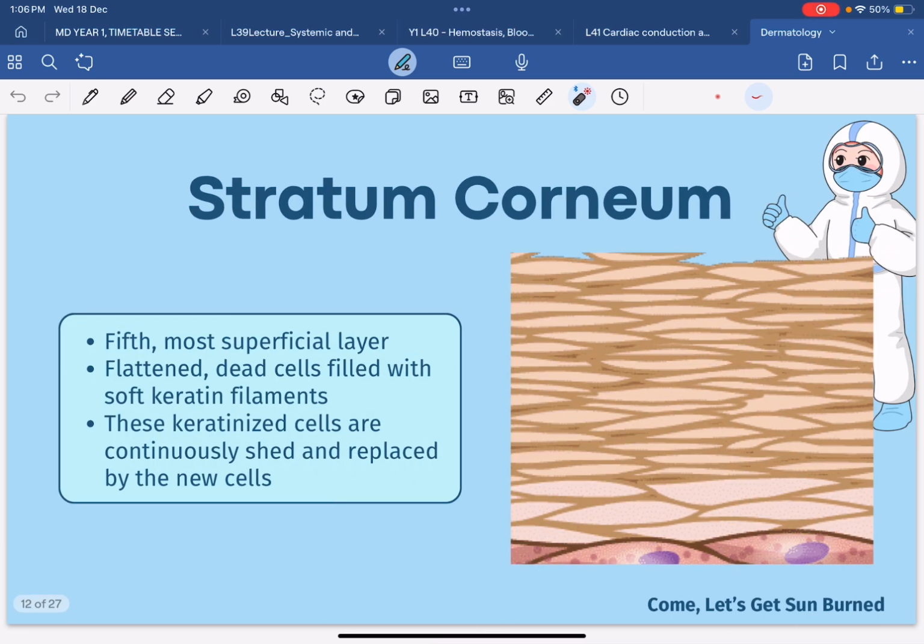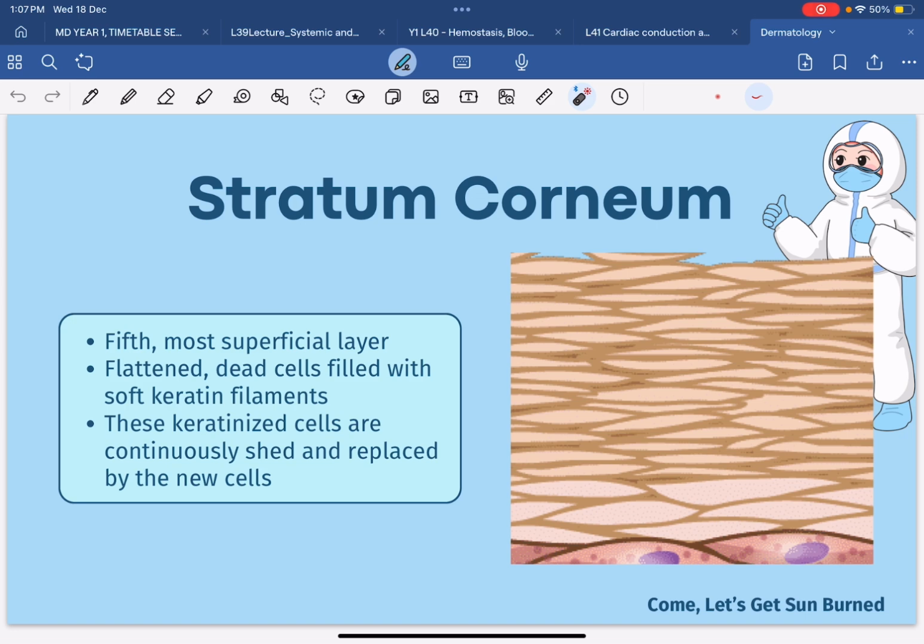The last one is the stratum corneum, the fifth layer and the most superficial, outermost layer. It is flattened and has dead cells filled with soft keratin filaments. These keratinized cells are continuously shed and replaced by new cells.